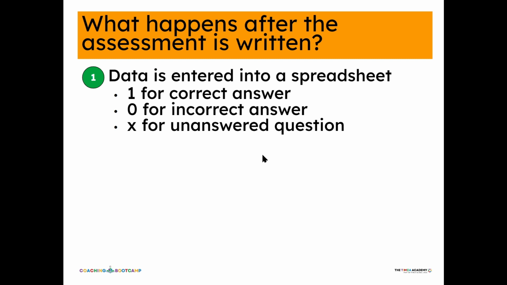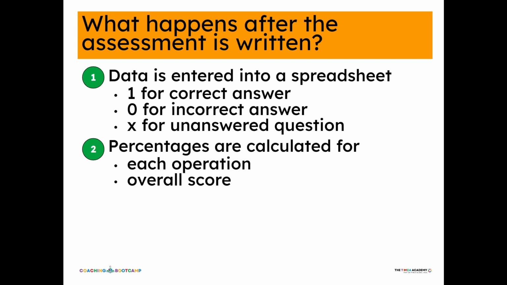So in other words, the child hasn't shown any workings, and there's no answer for that particular question. The second thing is that once the data is in, then the spreadsheet has been set up to calculate percentages for each operation. So there's a percentage for addition, subtraction, multiplication, division, and there's an overall score for the test out of 20.